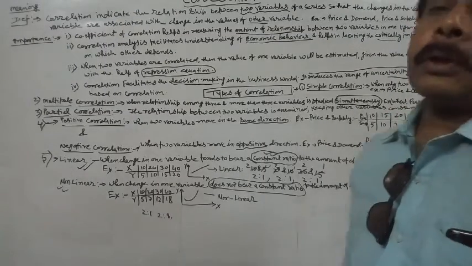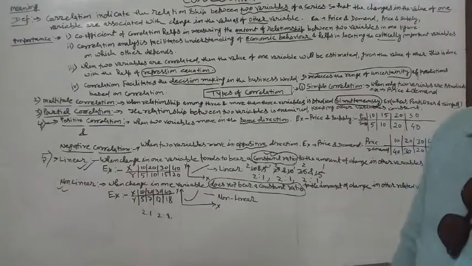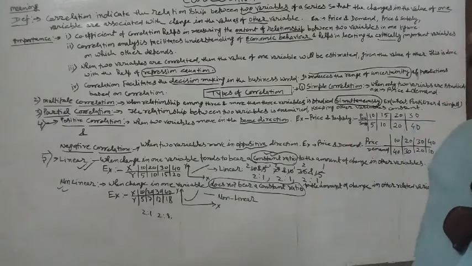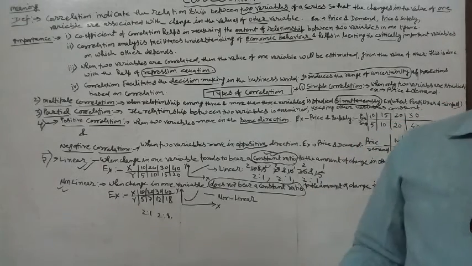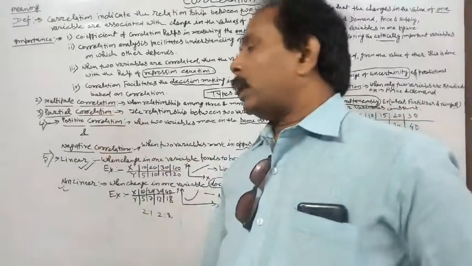For the production of wheat, we require fertilizers, rainfall, pesticides and so on. So if the number of variables is more than 2, then it is known as multiple correlation.